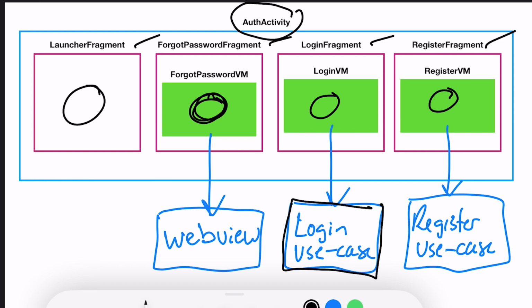And then the use case that can be executed in the RegisterFragment or the RegisterViewModel is the register use case. So now you have a question, I'm sure, and that question is, what the hell is a use case? Because before, we had our view models, and then we had all of the logic inside of the view model, or actually, never mind, it was the repository pattern. So I had an auth repository, and inside that auth repository was all of the things that could happen in that auth view model.